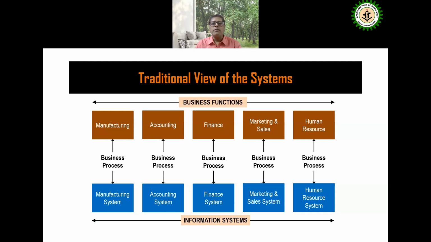Whenever the marketing and sales department provides the information, that is computerized information, to the manufacturing department, the file format may not be supported by the systems, that is the information systems used by manufacturing system. Why? What can be the reason?